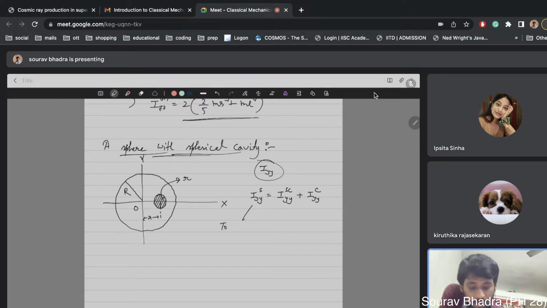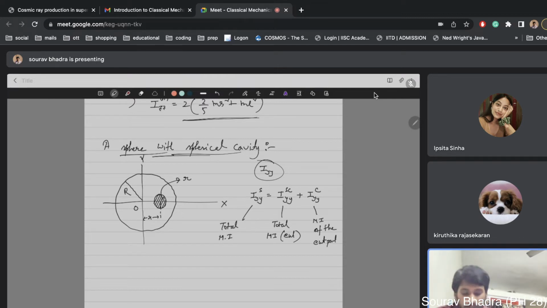This is the total moment of inertia of the sphere when there is no cut. This is the total moment of inertia when there is a cut, so total moment of inertia when the cut is present, and this is the moment of inertia of that cut part, I mean that hollow part. If you cut a sphere like this, then the hollow part you can take as a solid body. So that is the moment of inertia of that cut part.